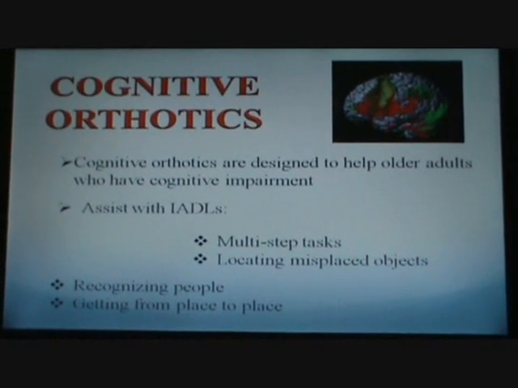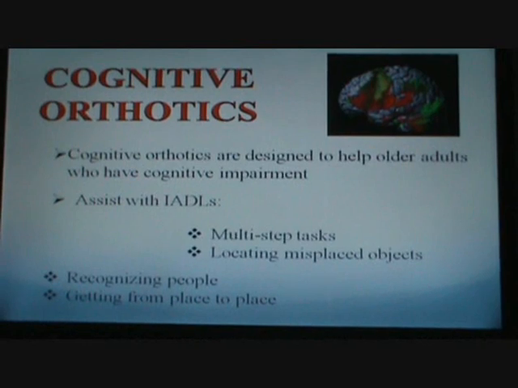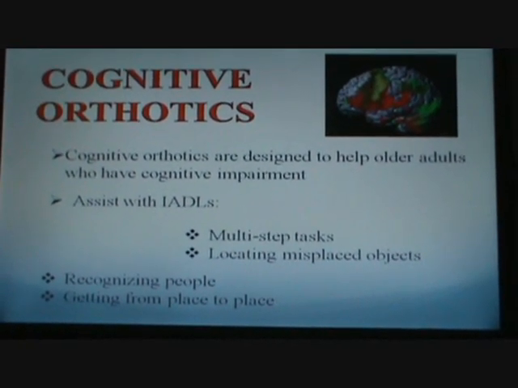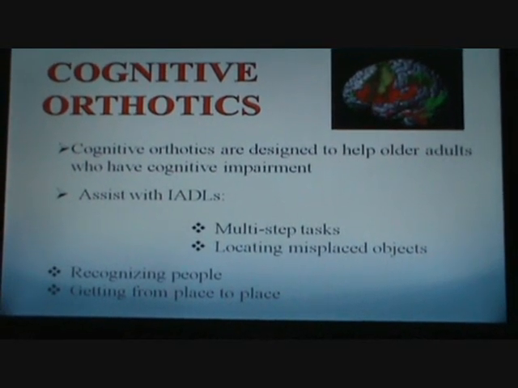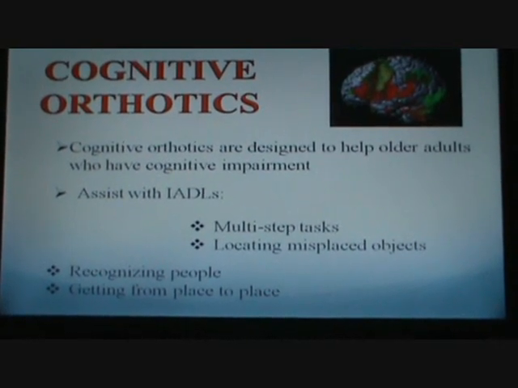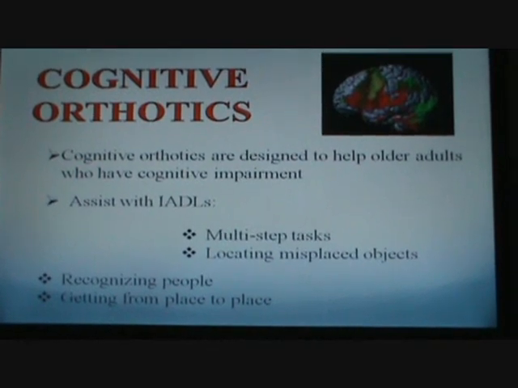Now with cognitive orthotics, basically they're devices designed to help older adults who have cognitive impairment. These assist with IADLs, and that's instrumental activities of daily living. That involves things such as multi-step tasks, locating misplaced objects, recognizing people, and getting from place to place.